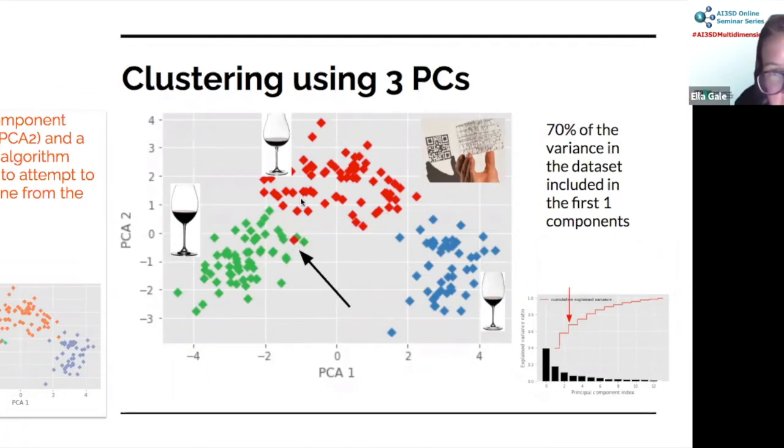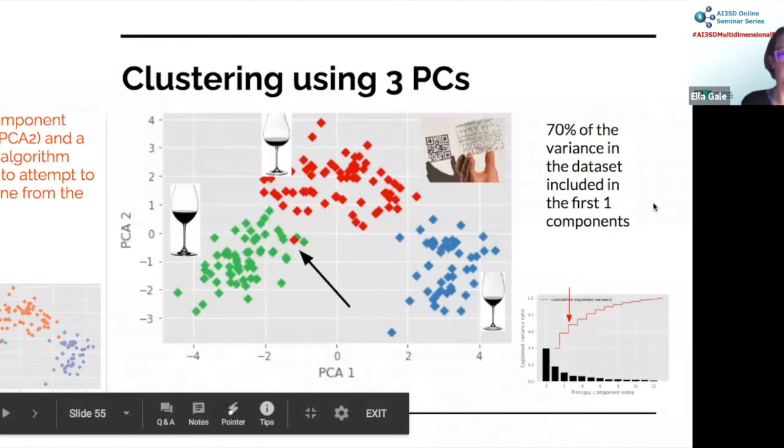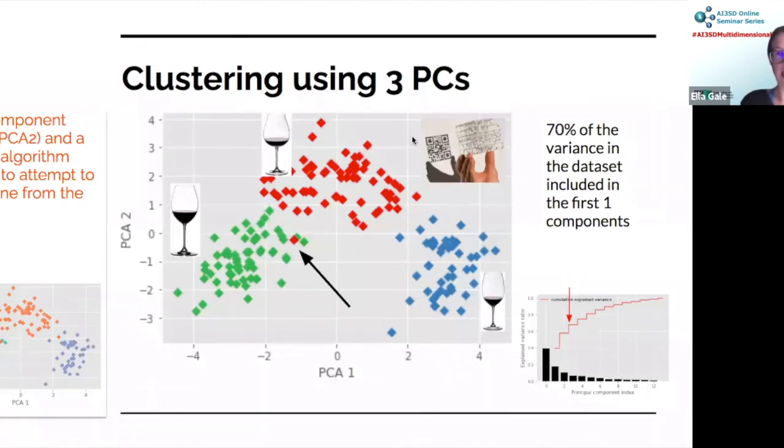But in 3-dimensional space, they don't overlap. And this includes 70% of the variance, and we've got this point right, which is actually one of the ones in that cluster. So this is working quite well. Okay, so this is where using our projection has helped, and rearranging our data has helped. It's illuminated.